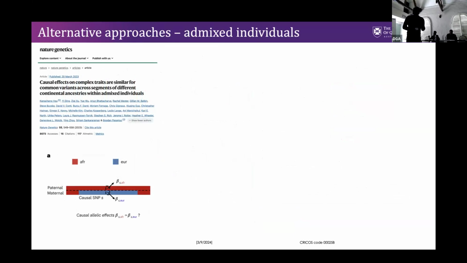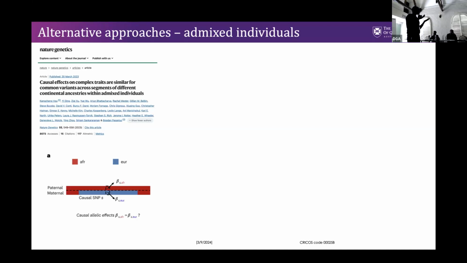Last year, this paper was published in Nature Genetics, in which they tried to address a similar question but using a very interesting design. Essentially, they were interested in knowing whether causal variants had the same effect sizes in European and African ancestry populations when observed in the same individual.